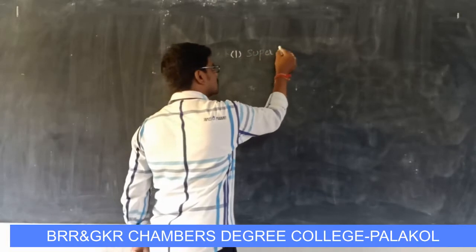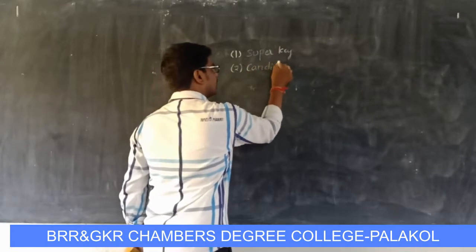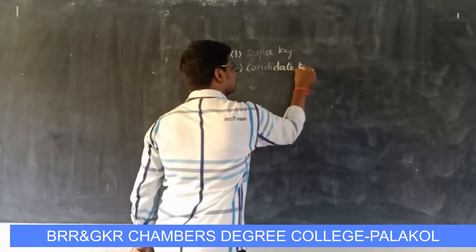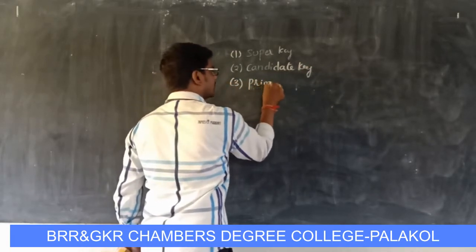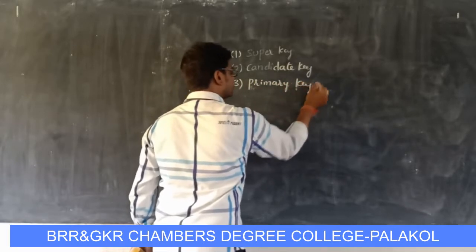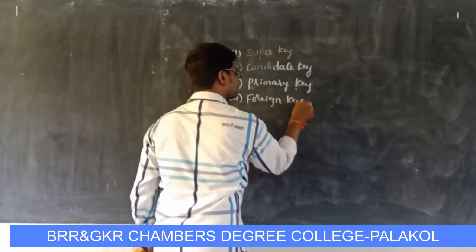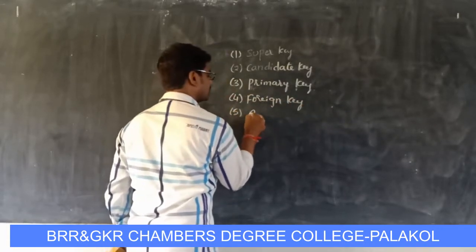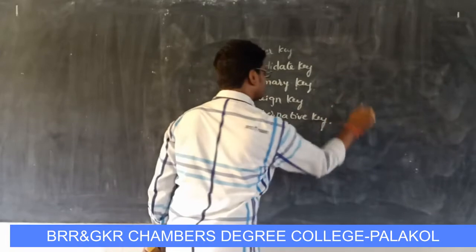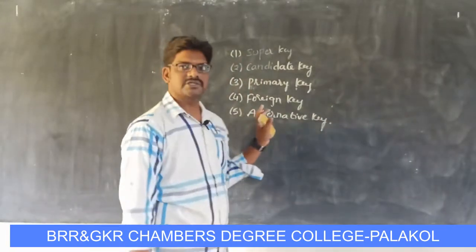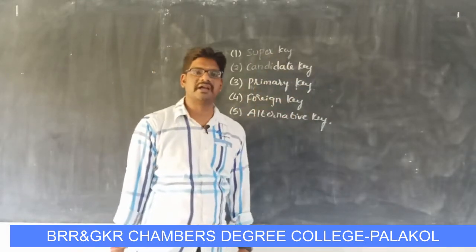The very first one is the super key, then the candidate key, primary key, foreign key, and alternative key. So: super key, candidate key, primary key, foreign key, and alternative key.